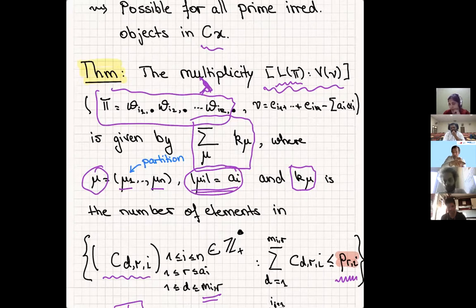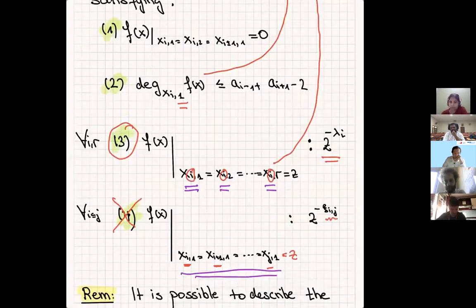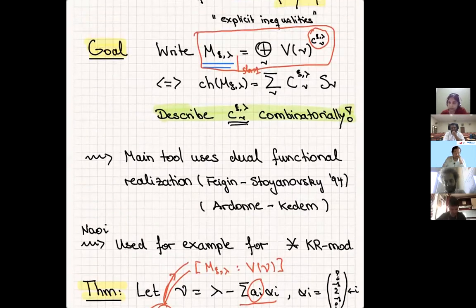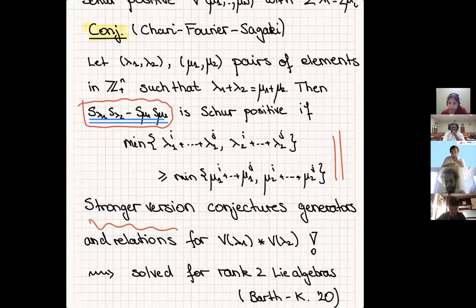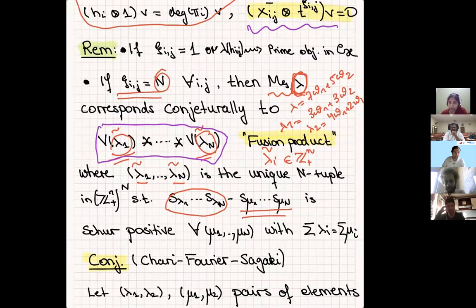So in Dennis's talk, when you had this decomposition of lambda into lambda 1 up to lambda n, there's a unique maximal element. And the conjecture is that there's a unique maximal decomposition where this tensor product is maximal, and that this fusion product is then the truncated local Weyl module.